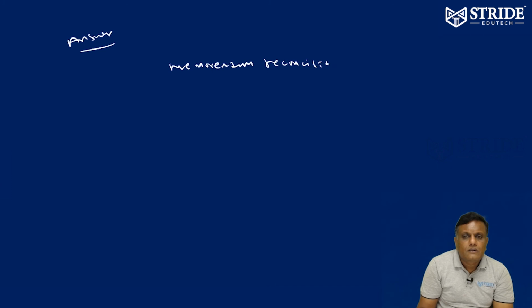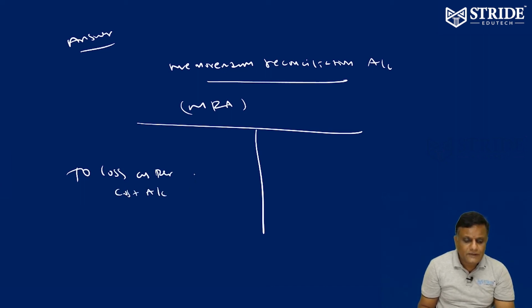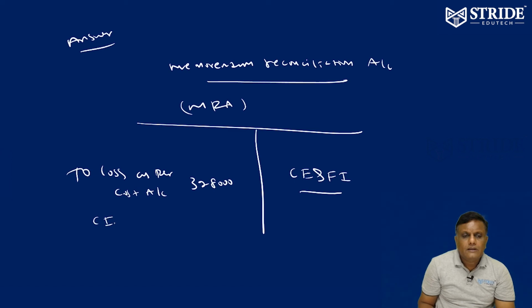Now we can start with the loss as per cost accounts, 3,28,000. Here cost expenditure and financial incomes are to be posted. Here cost income and financial expenses are to be posted.